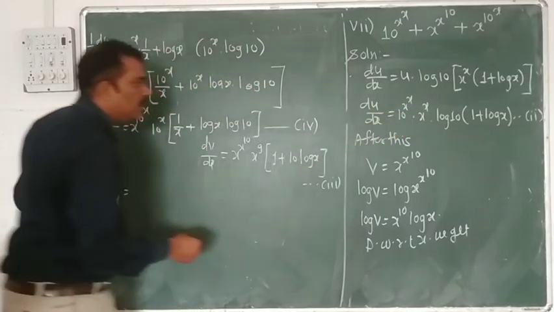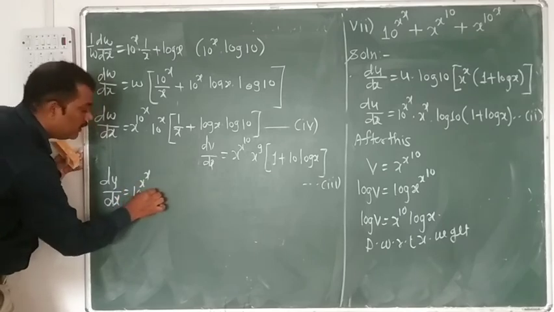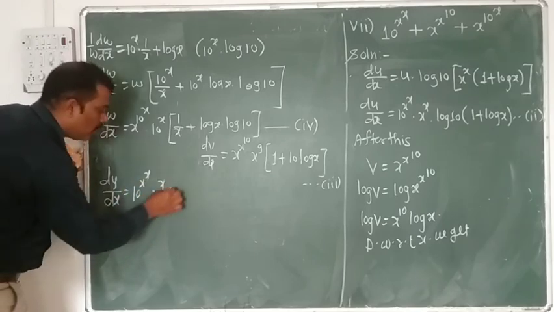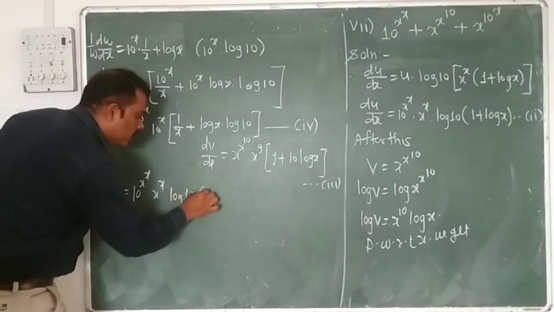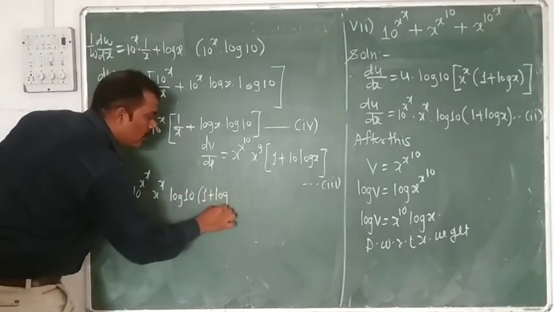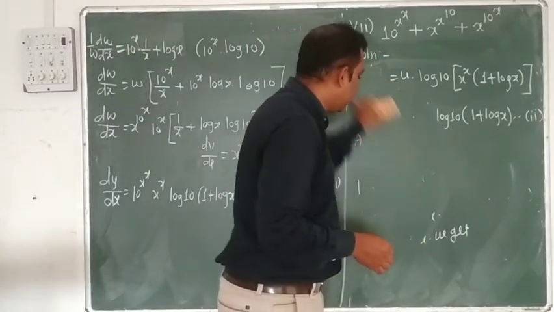This one, so that we can write as 10 raised to x into x raised to x into log of 10 into bracket 1 plus log of x. This is the value of du by dx.